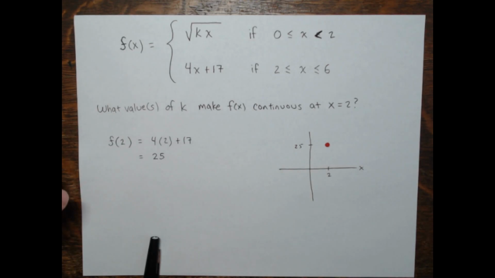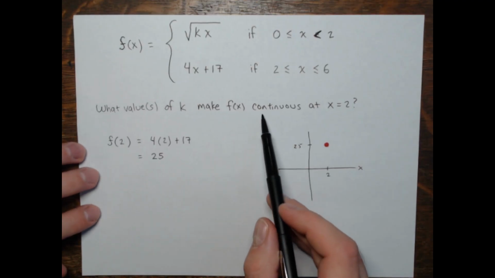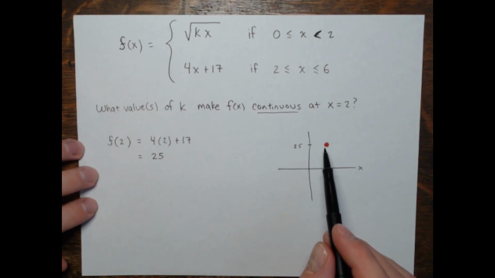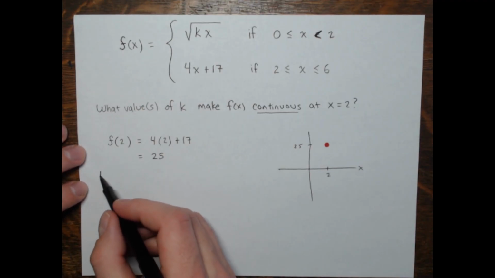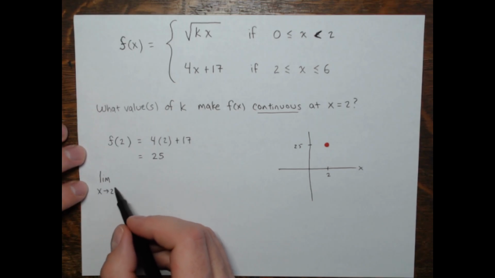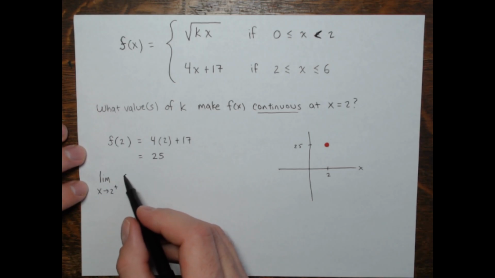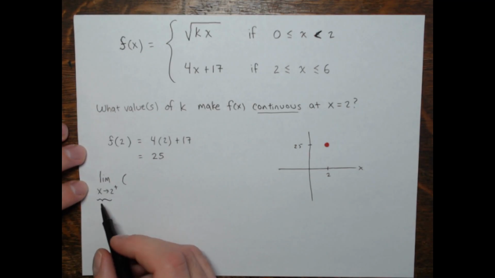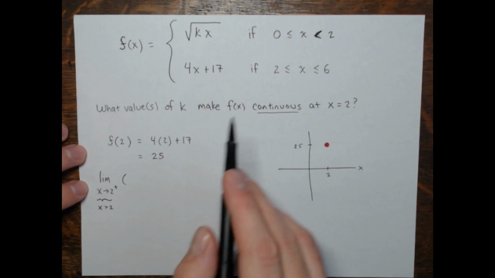So now what I want to happen to be continuous at this point is for the left side of the graph and the right side of the graph to approach that location. Now I can already tell you that the right side limit, so the limit as x approaches 2 from the right, is 25, right? Because when x is approaching 2 from the right, it means x is greater than 2.